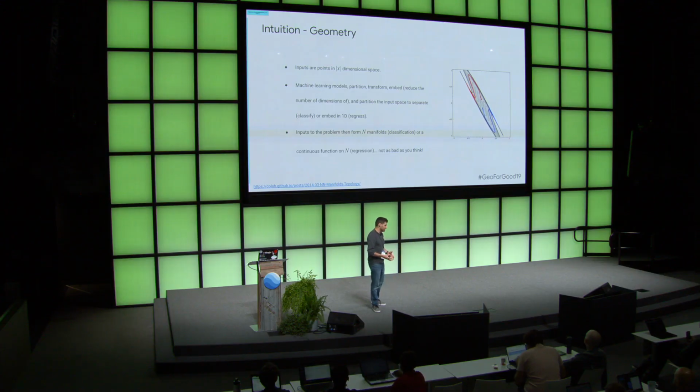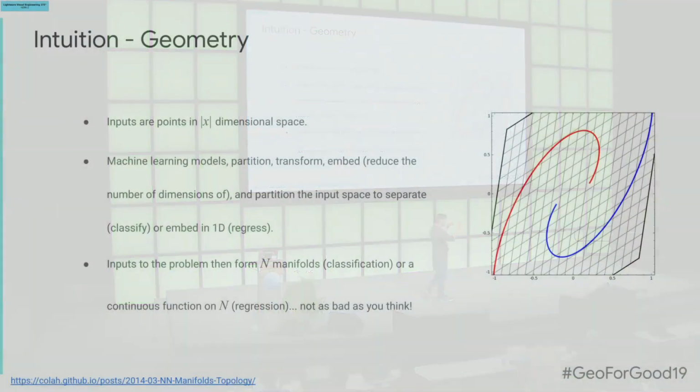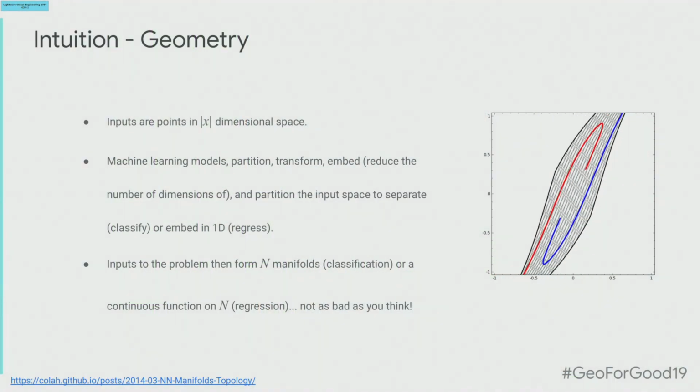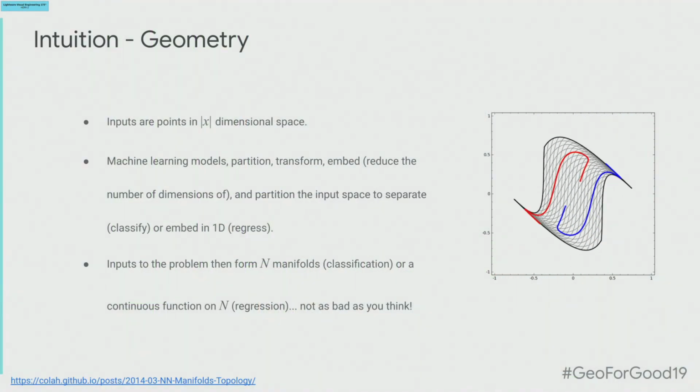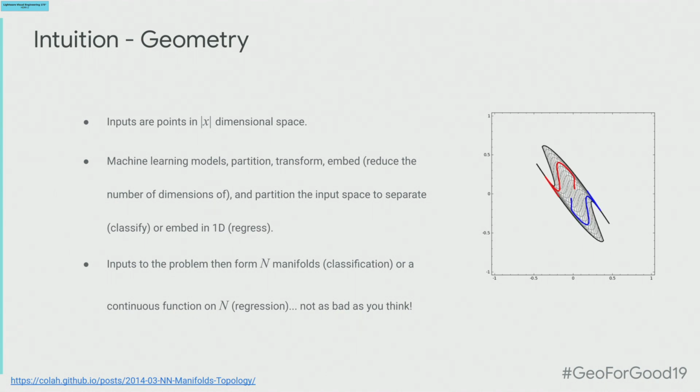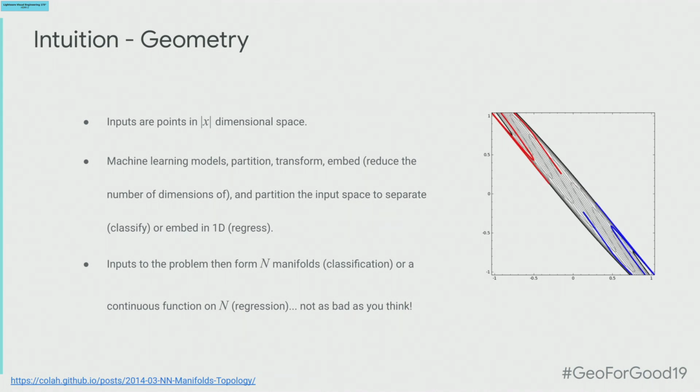So if I have an image recognition problem, say it's 256 by 256 pixels, and it's a continuously valued variable, I can say I have 65,000 dimensions. I have a point in 65,000 dimensional space, and if it's just an image classification problem, I am going to embed that into 1D space. And that's what a machine learning model is doing.